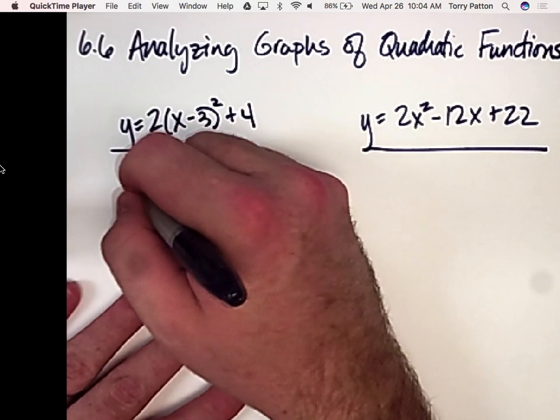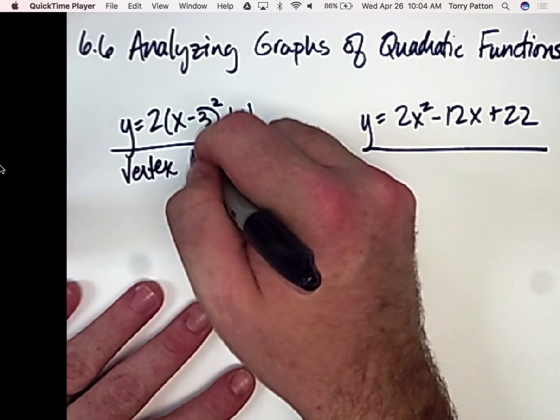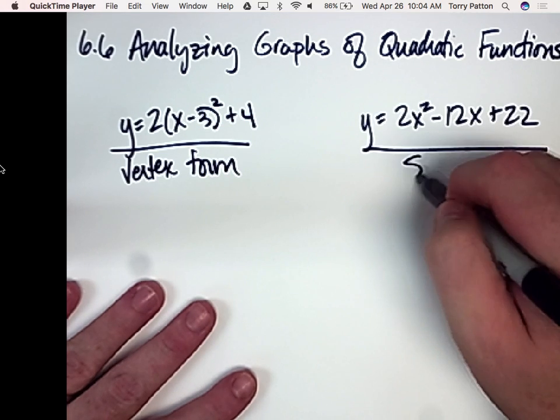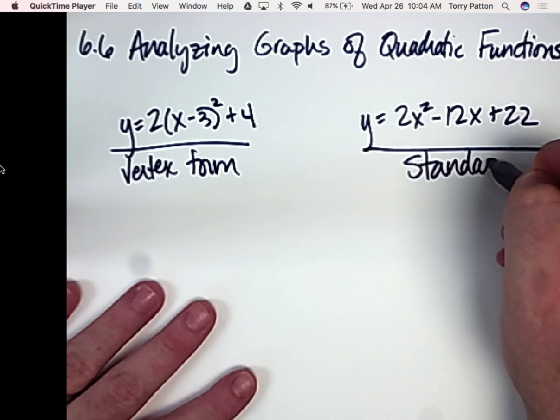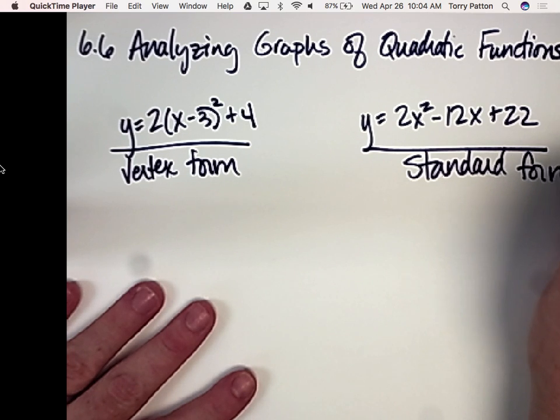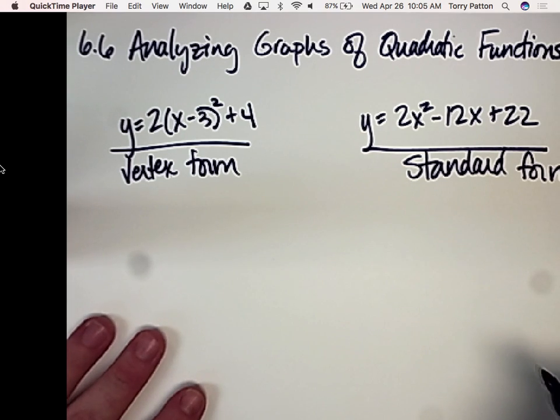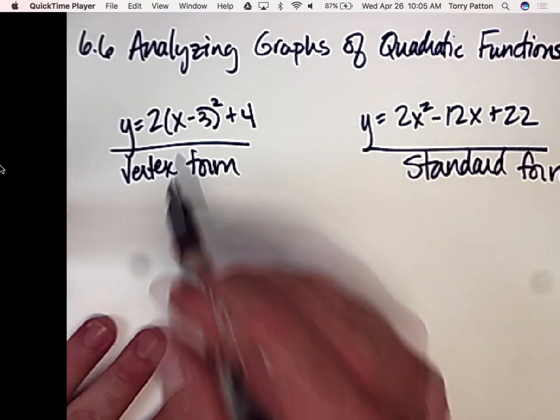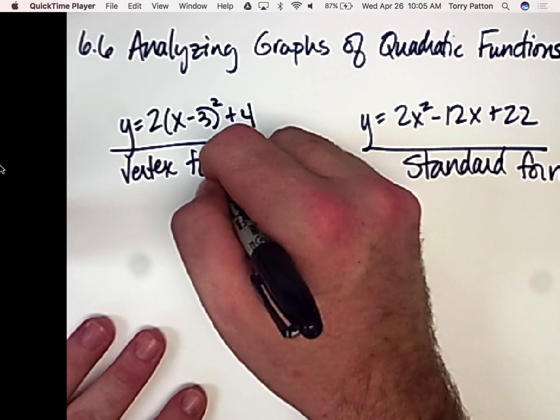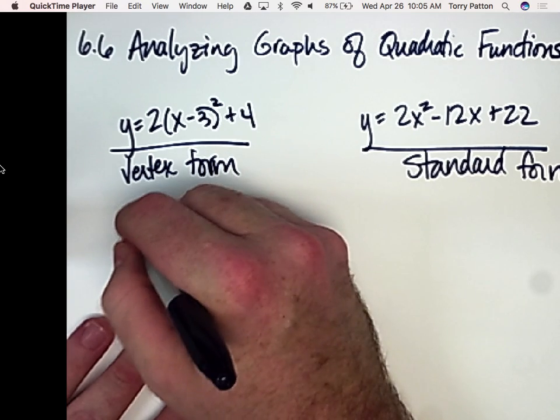This is vertex form, and this is standard form. They each tell us something different. What does vertex form tell us? The vertex.